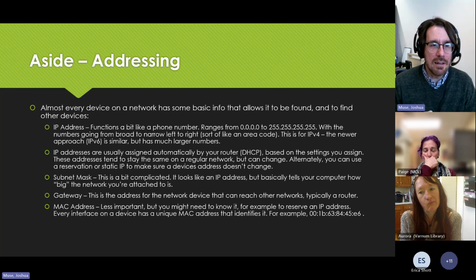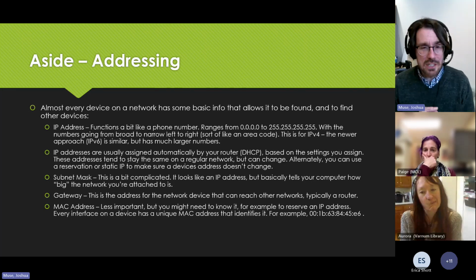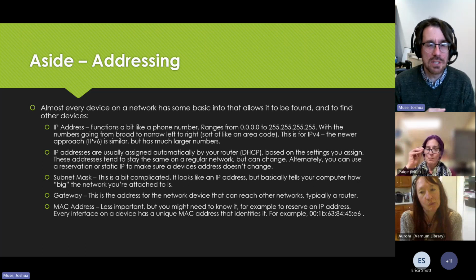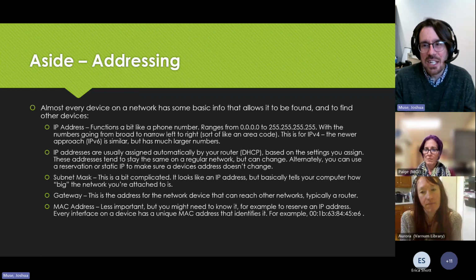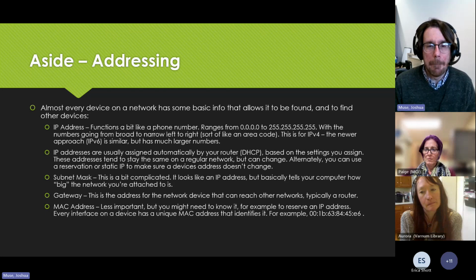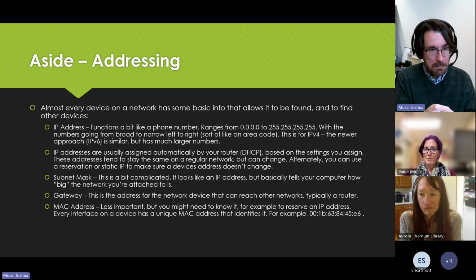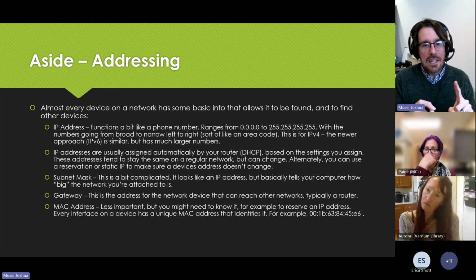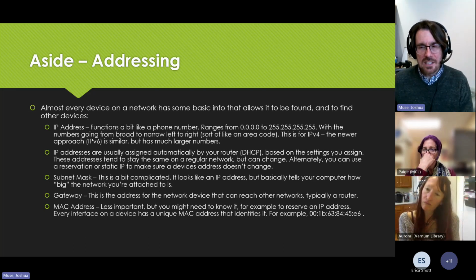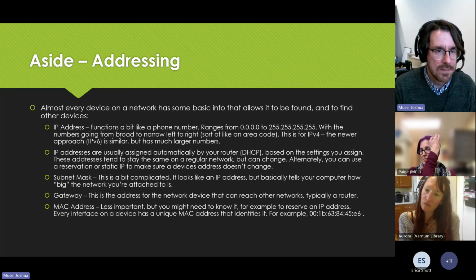Almost everything in your building and on your network will have an IP address associated with it that is visible from within your network. The big exception is unmanaged switches, which don't have one because you can't reach them. There's nothing there. Almost everything else, your router, your wireless access point, and your modem in this case, will have an IP address inside the network that you can get to.